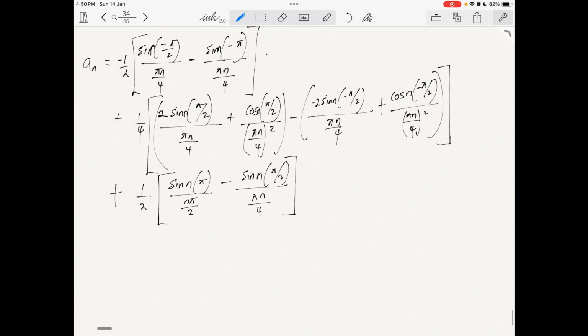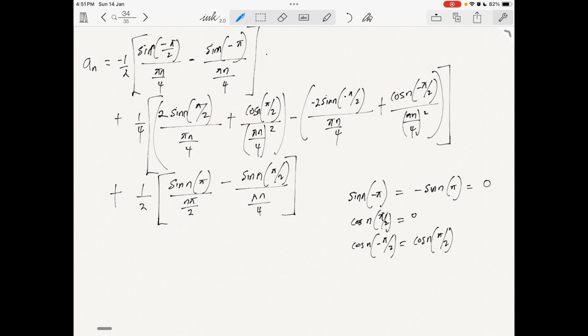So while we have this, we recall that sine n minus π is equal to minus sine nπ, and sine nπ is equal to 0, and cos nπ over 2 is also equal to 0, and cos n minus π over 2 is equal to cos nπ over 2 according to even function, which is equal to 0.